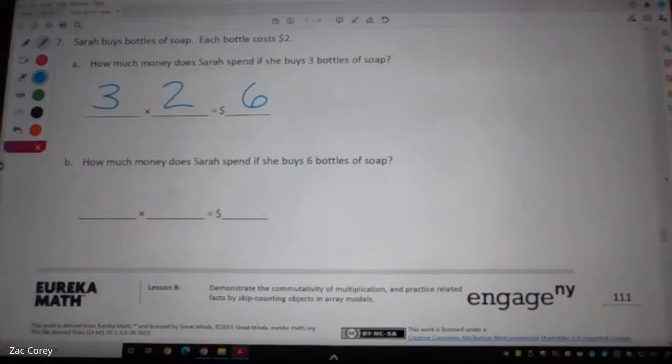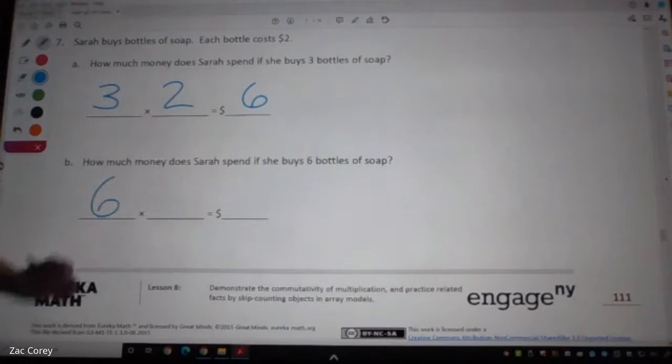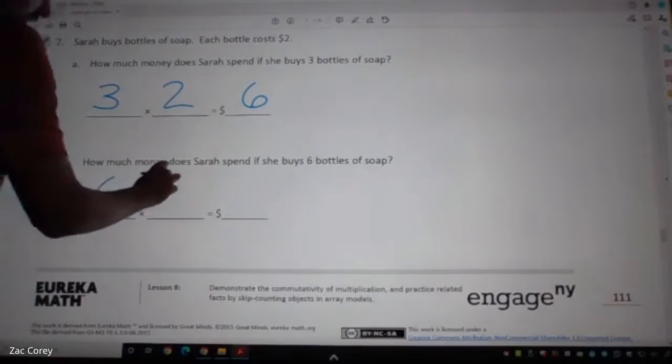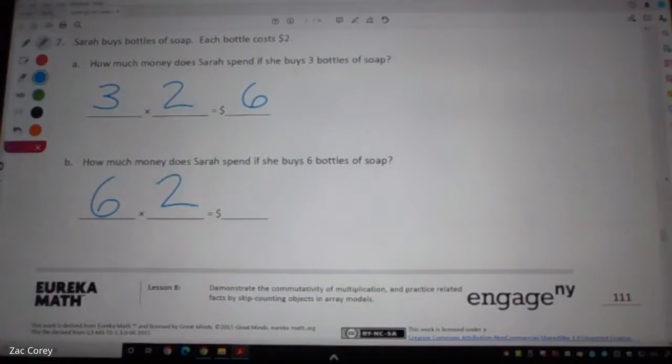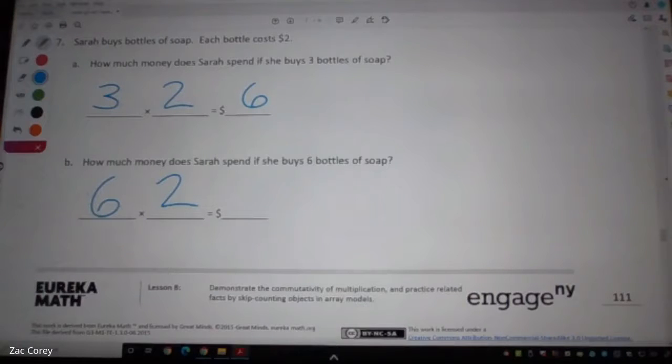Letter B, how much money does Sarah spend if she buys 6 bottles of soap? All right, it's the same exact thing we did, but instead of the 3, now she's buying 6 bottles. So let's do 6 here. The bottles of soap still cost only $2. All right, so let's do the 2 here. This time they want us to count by 2s 6 times. So 2, well, how about we flip it, make it a little easier.